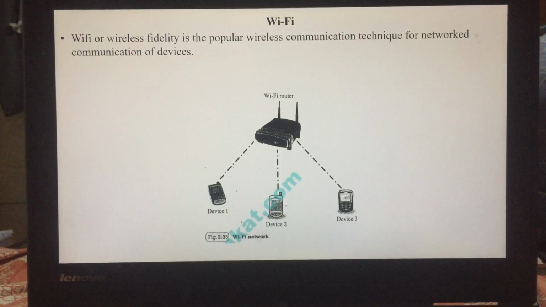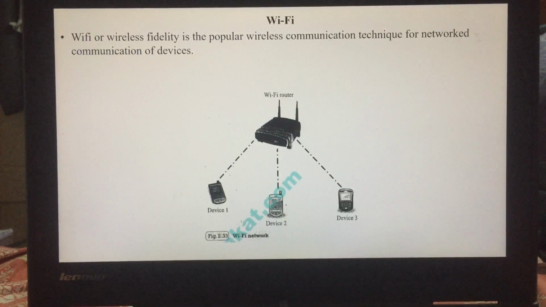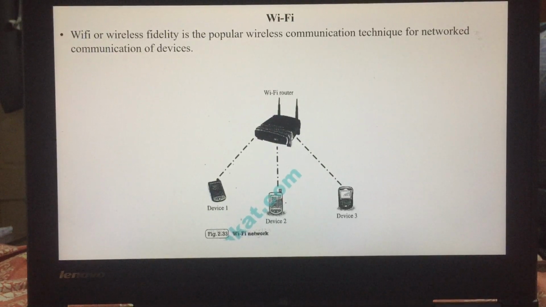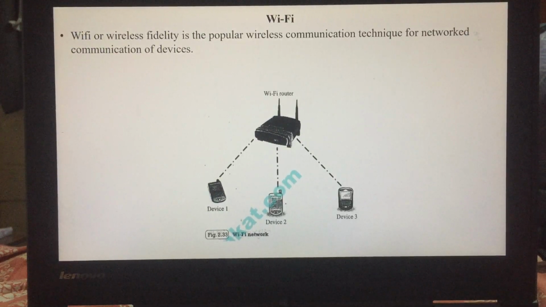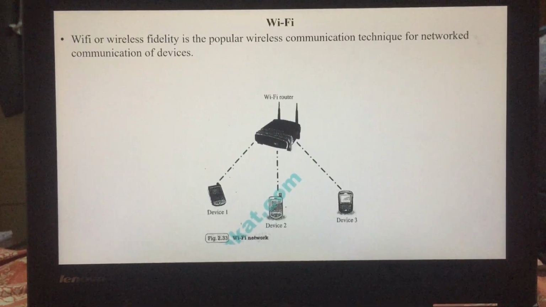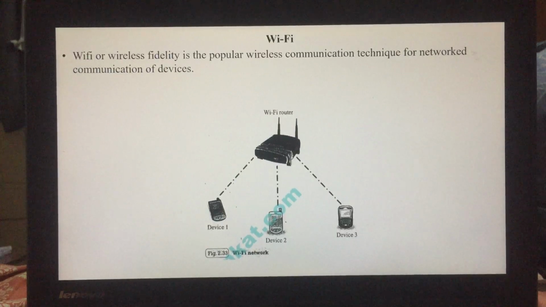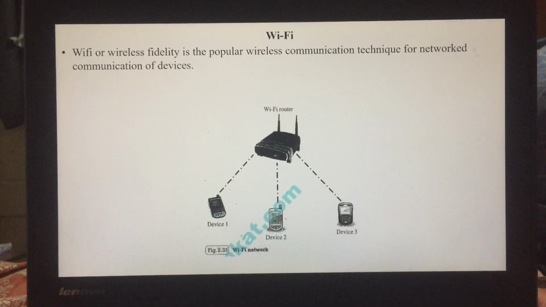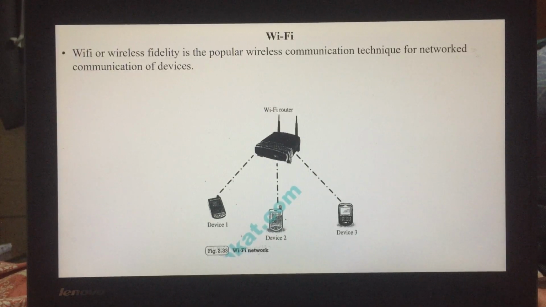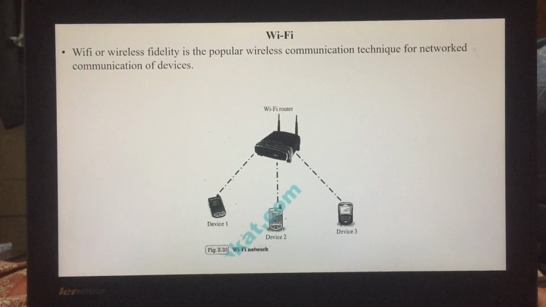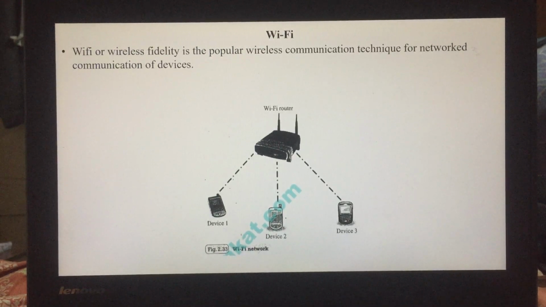The Wi-Fi router is connected to many devices, that is device 1, device 2, device 3. The Wi-Fi radio picks up the signal from wireless communication which is broadcasted from the router. For communicating with devices over a Wi-Fi network, when the device's Wi-Fi radio is turned on, it searches for the available Wi-Fi networks in range and lists out the service set identifier (SSID) of the available networks.